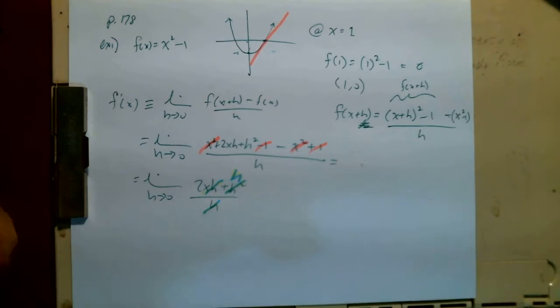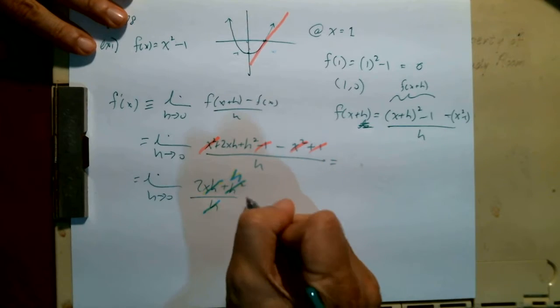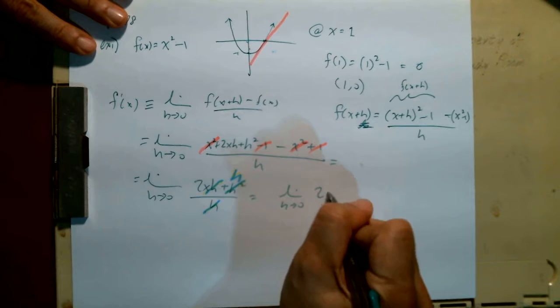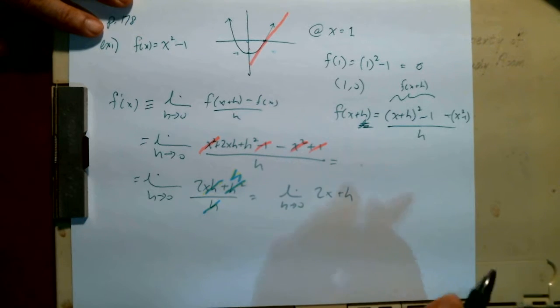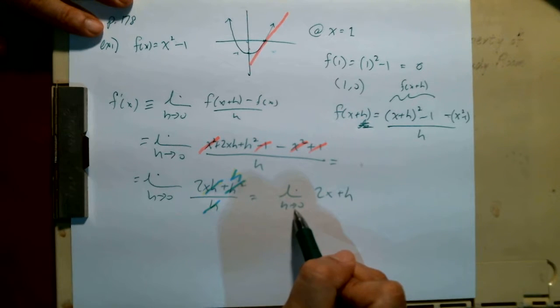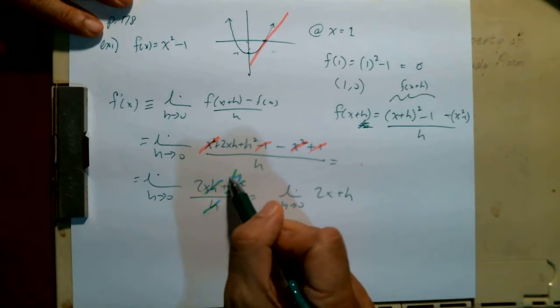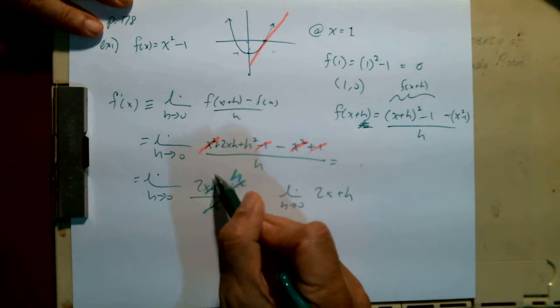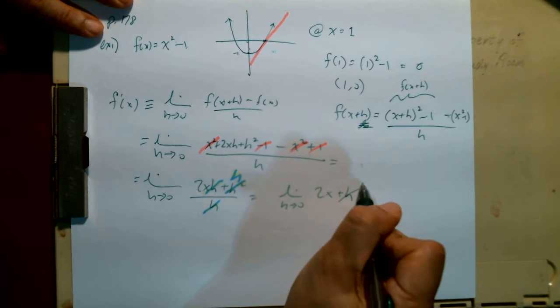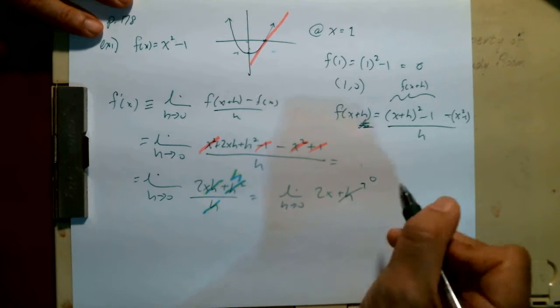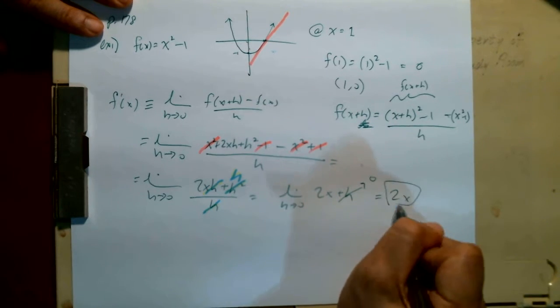That becomes an h. So you end up with the limit as h approaches 0 of 2x plus h. You could not put the h in for 0 before because it's division by 0. But as soon as you cancel in this equation, you can insert 0 for h at this stage. You end up with 2x.